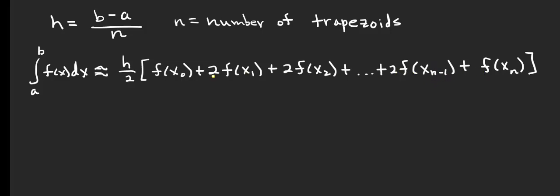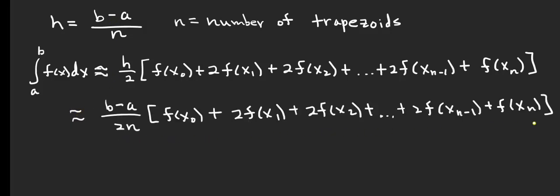Notice all middle terms have 2, and we saw the reason why earlier. And also look at h. h is b minus a over n. So when you substitute h with b minus a over n, you get this right here. This formula looks confusing, but as we do examples, you'll understand it better.